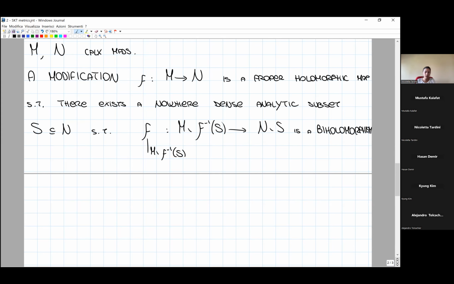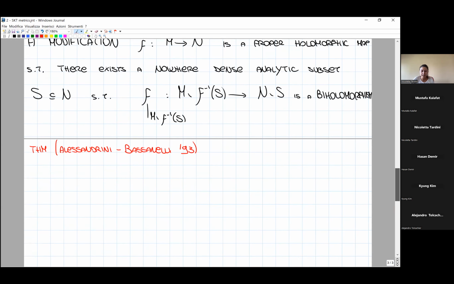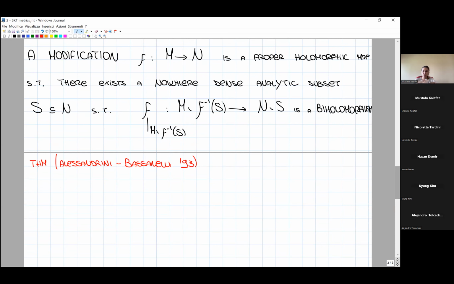Okay. So why did I introduce this definition? Because there is a very famous theorem of Alessandrini and Bassanelli in '93 that says that the existence of balanced metrics, so of this special metric, is preserved along these modifications. So let me state this a little bit better.